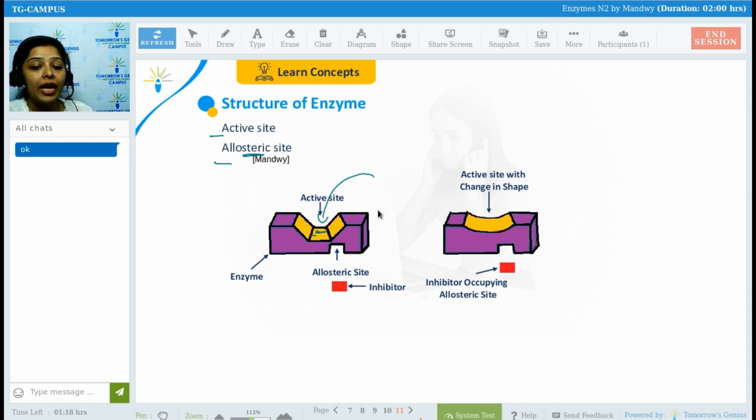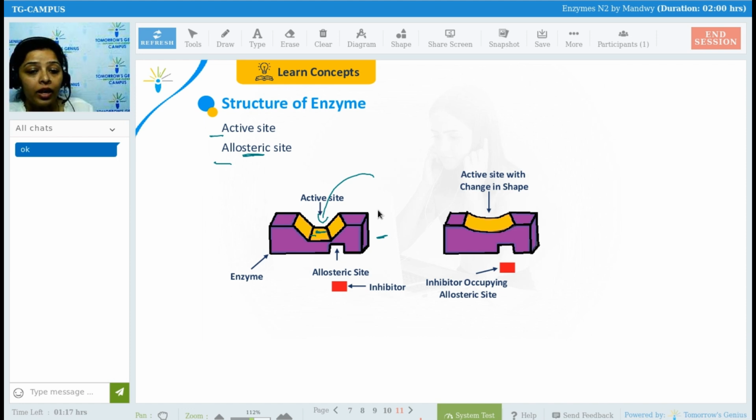Another site of the enzyme is the allosteric site. The allosteric site is the site which is beside the active site. You can say this is the additional site in the enzyme, where something other than the targeted substrate will bind, which will regulate whether the reaction takes place or not.